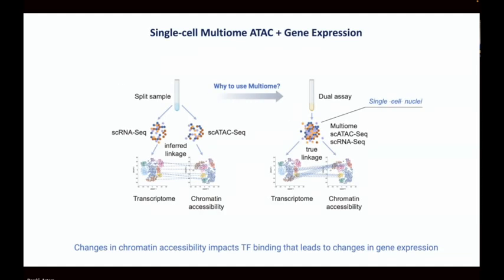So let's start. The paper describes analysis of multiome, but you can also use this guide for analysis of single-cell RNA-Seq and ATAC-Seq data. You just need to skip some of the steps.